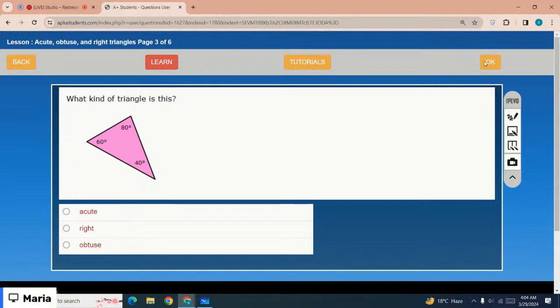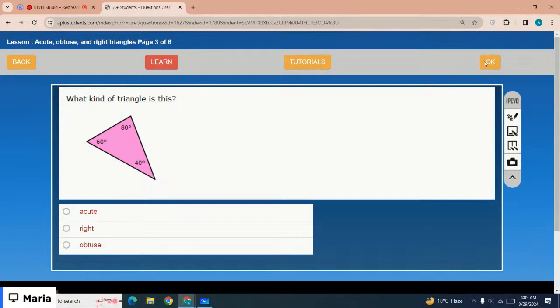The next one is, what kind of triangle is this? Which is the correct option? All the angles are less than 90 degrees, right?